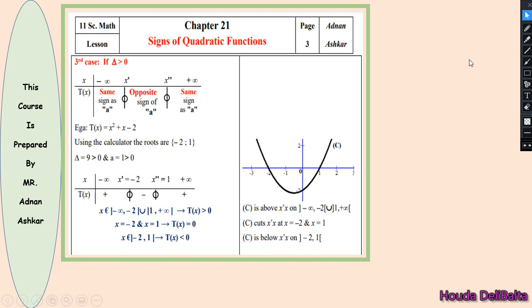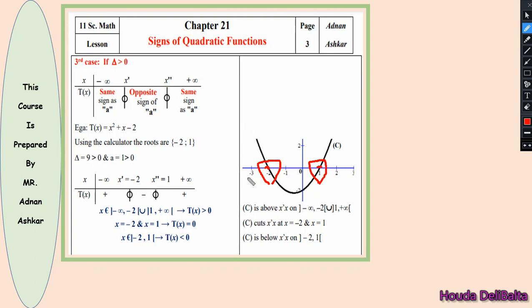Again, notice that part of the curve is above the x-axis and part is below, and here are 2 points of intersection with the x-axis, and these are the roots as well. So the first root is minus 2, the second root is 1.